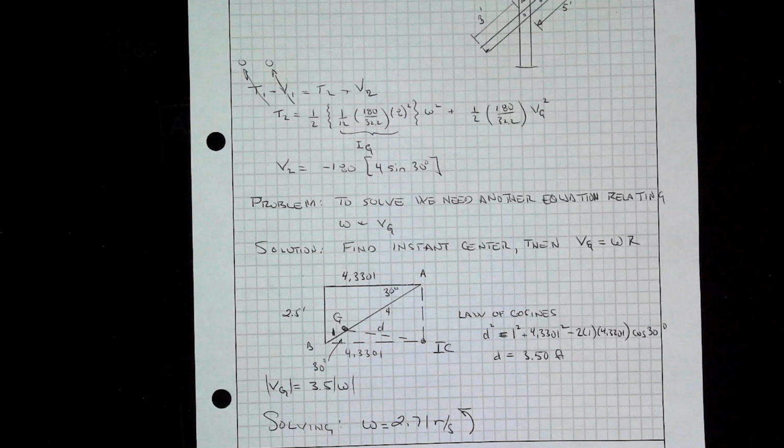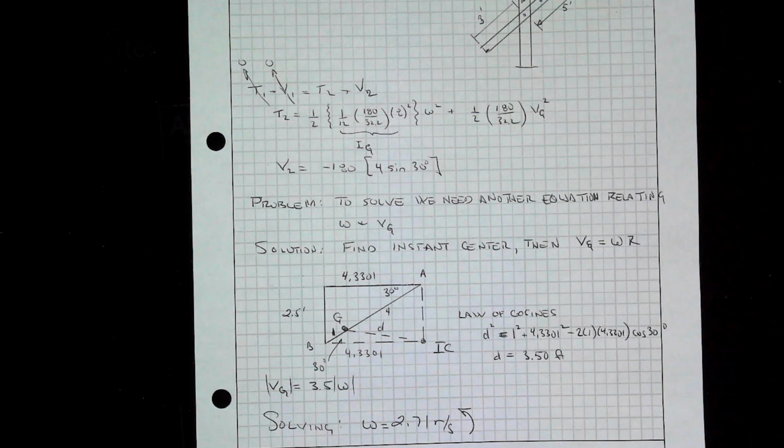What I need now is this distance from here to there. And so I'm going to use the law of cosines, one of the tools that you should have had from any number of places, one of which was Eng 1082. All right. So if this is 30, we know from geometry that this angle in here is 30. So I'm going to use the law of cosines. The law of cosines basically says this: distance squared is equal to that squared plus that squared. For this triangle, it's this piece, that piece.